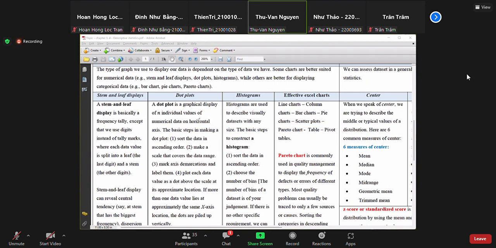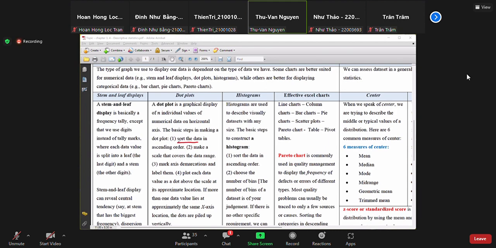Okay, so here are some basic steps in making a dot plot. It's different from the stem and leaf display. The stem and leaf display is only a frequency tally, but for a dot plot we plot each data point at its approximate location.